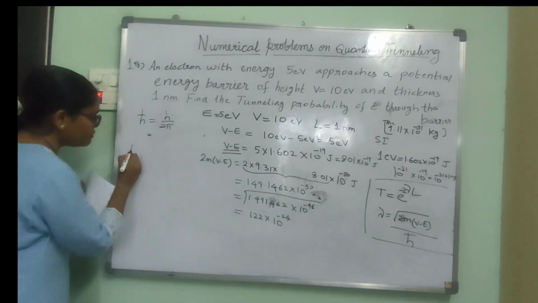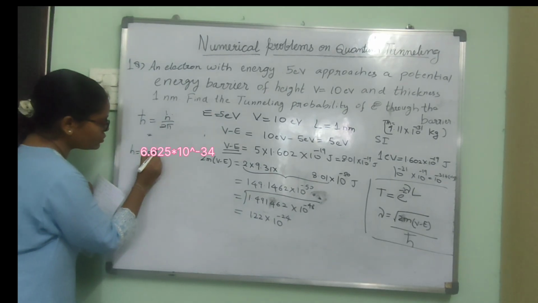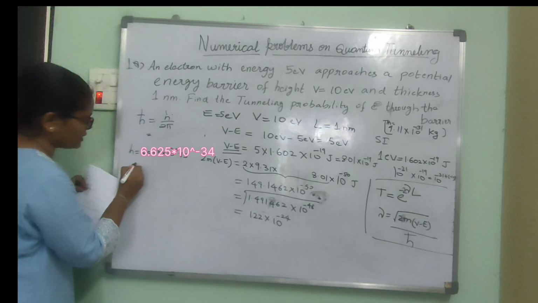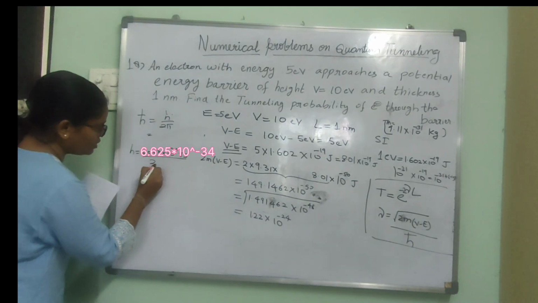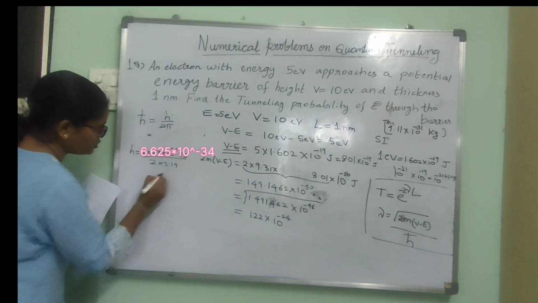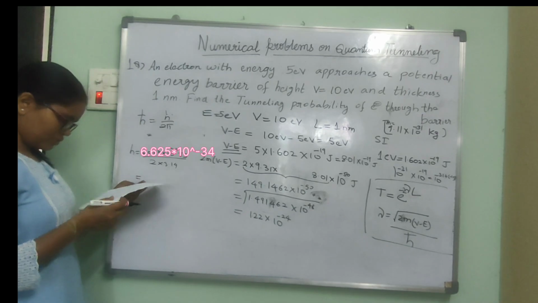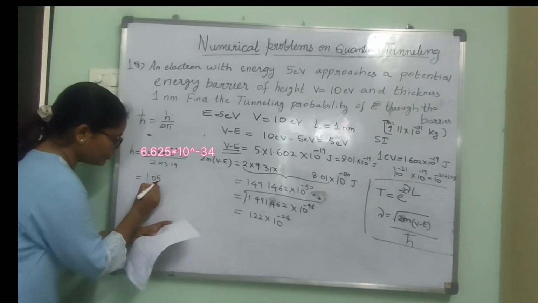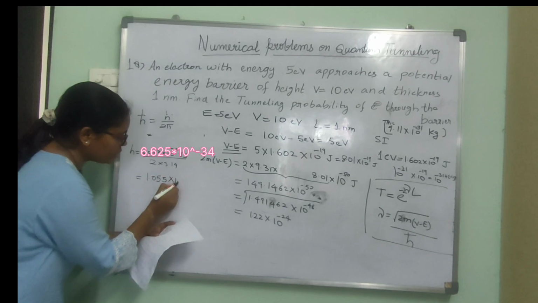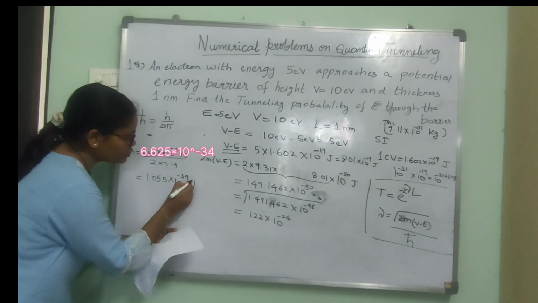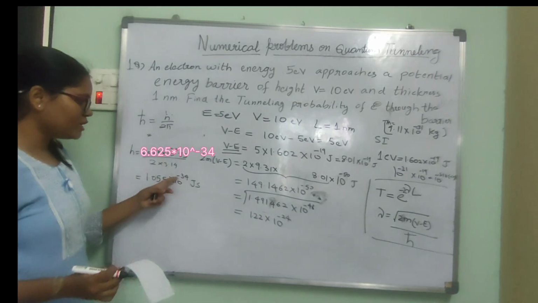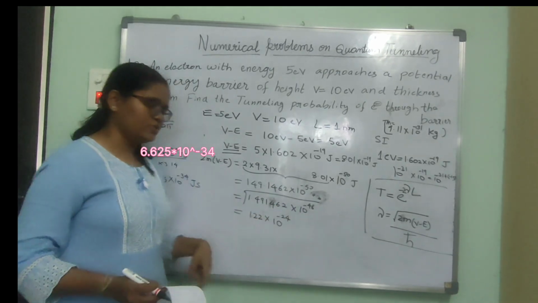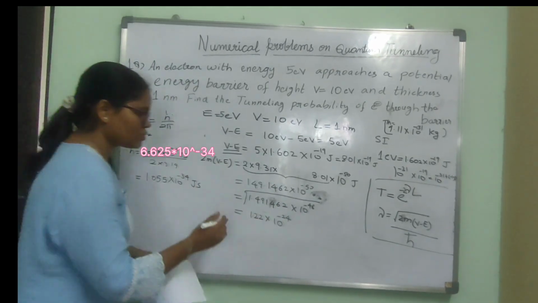The value of h is 6.023 into 10 power minus 34 joule second, divided by 2 into 3.14. So its value comes out to be 1.055 into 10 power minus 34 joule second. In the denominator we have minus 34 and in the numerator we have minus 24, so it becomes easy to solve the problem.